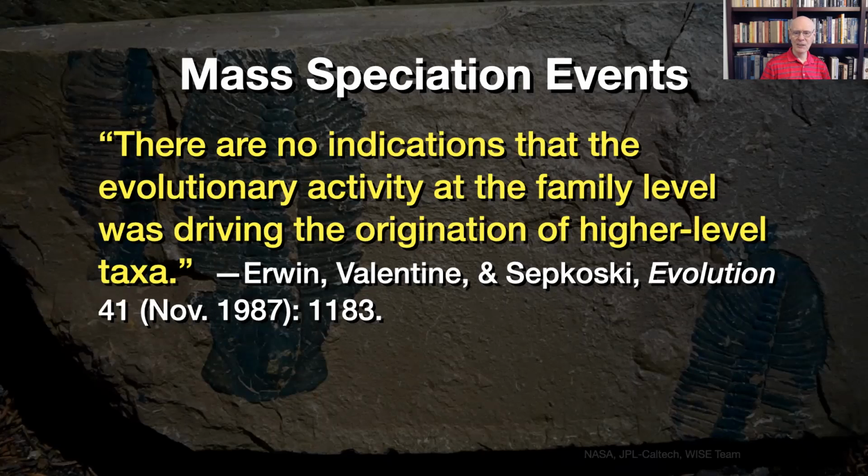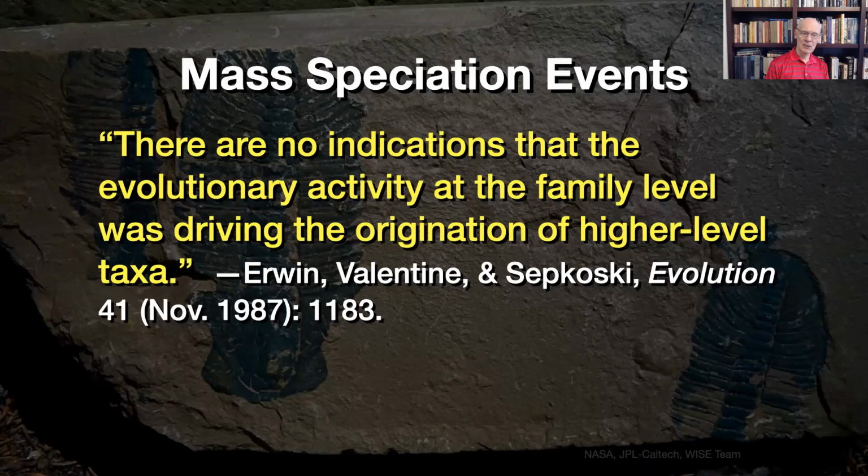And Erwin and Valentine and Sepkoski, back in 1987, in their study of these mass speciation events, made this comment: there are no indications that the evolutionary activity at the family level was driving the origination of higher level taxa.